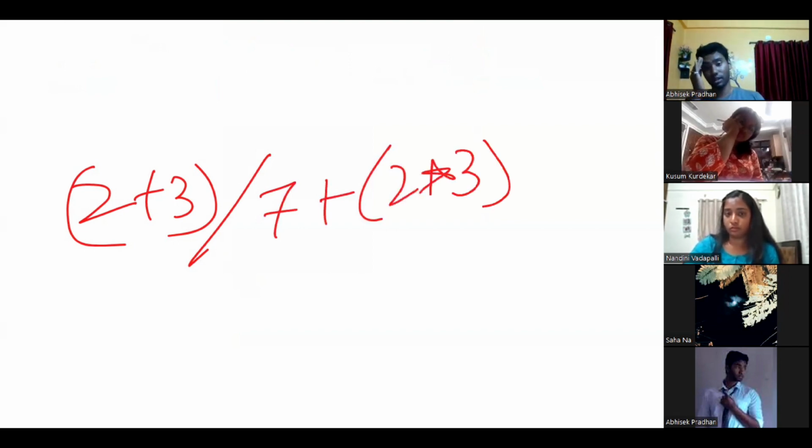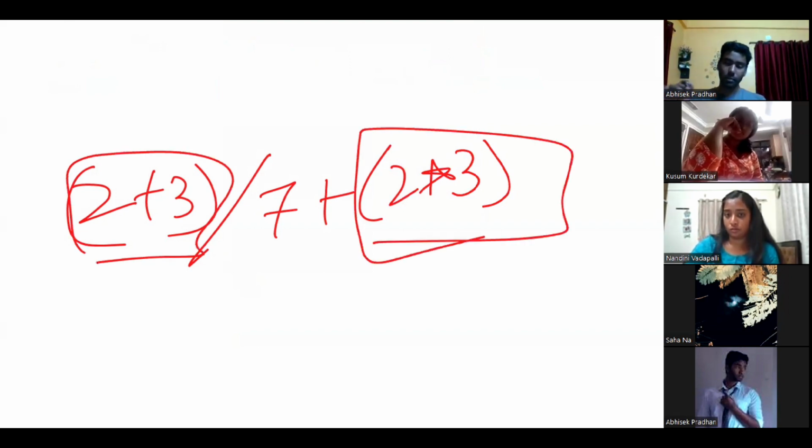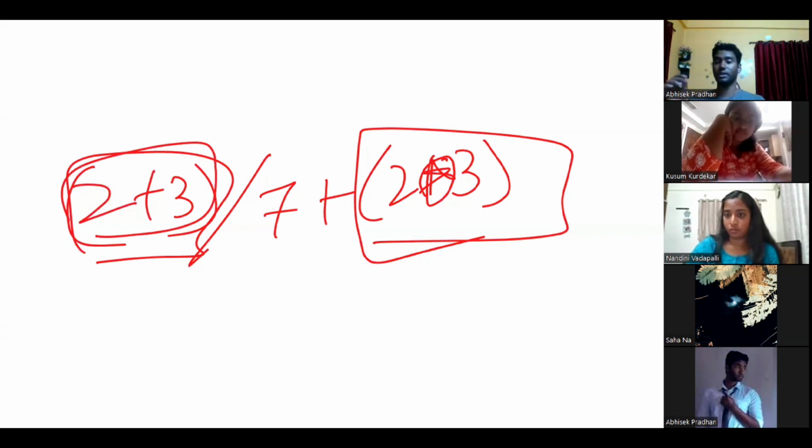Which needs to be evaluated first? Since multiplication has precedence, that will be evaluated first. Then the addition will be evaluated.